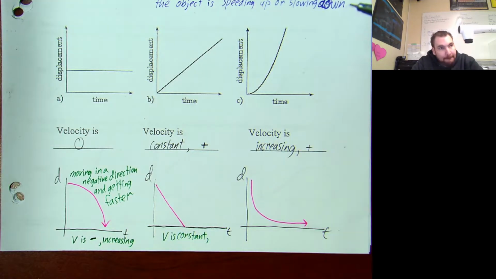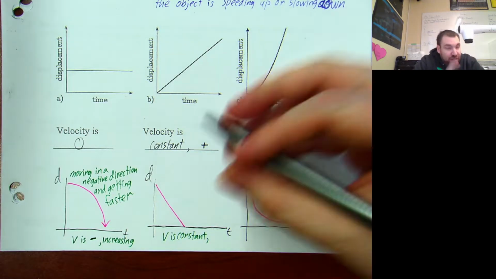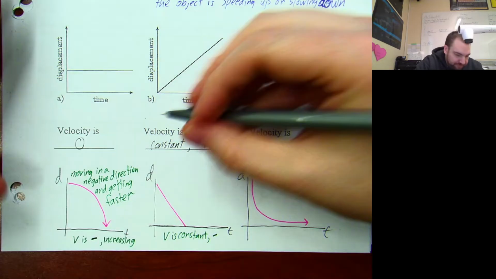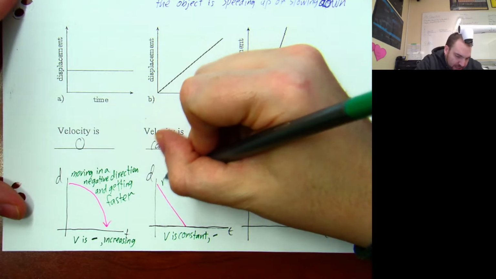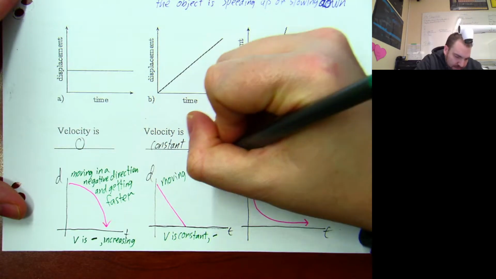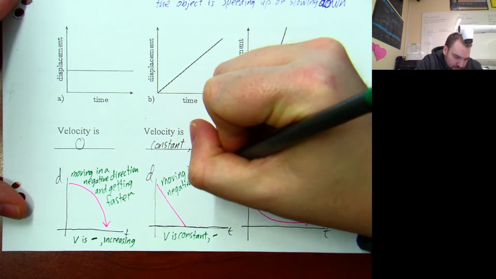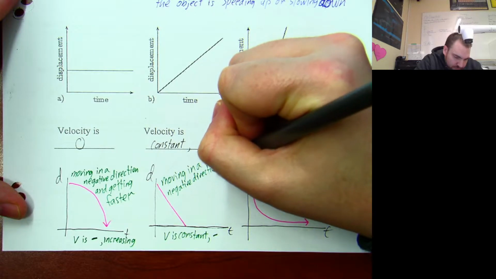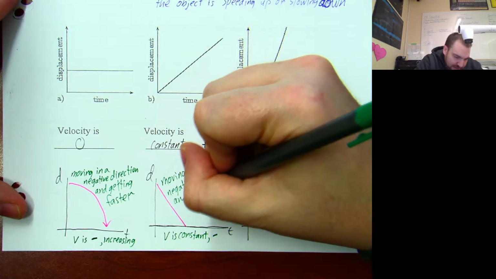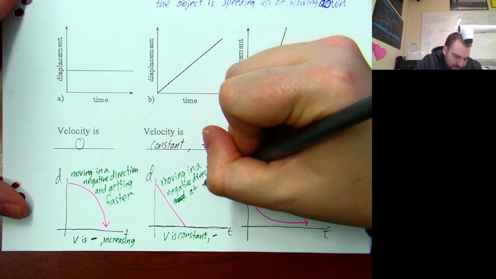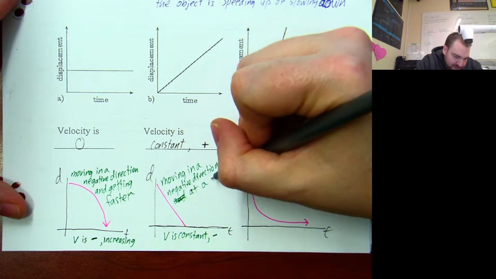And it's heading in a negative direction, so that means the velocity itself is negative. So the object is moving in a negative direction at a constant velocity.